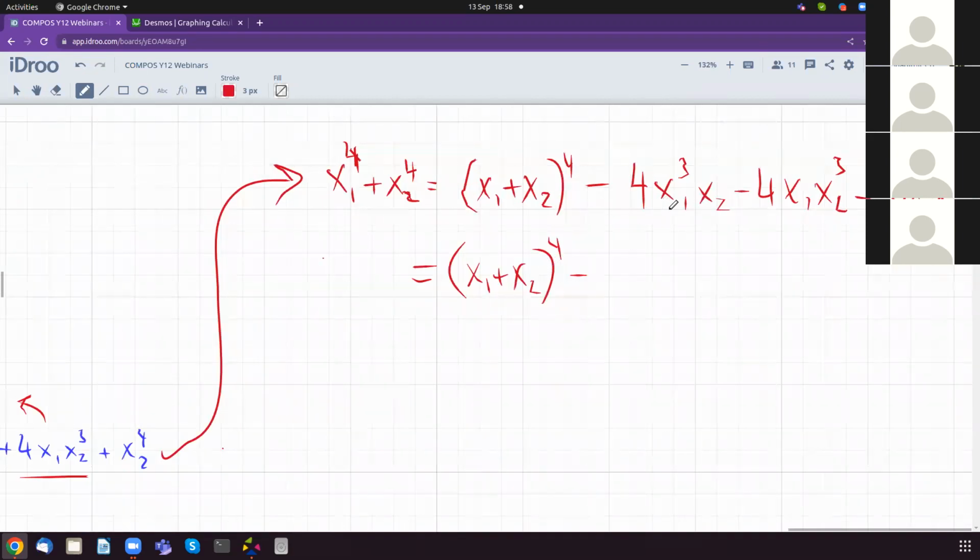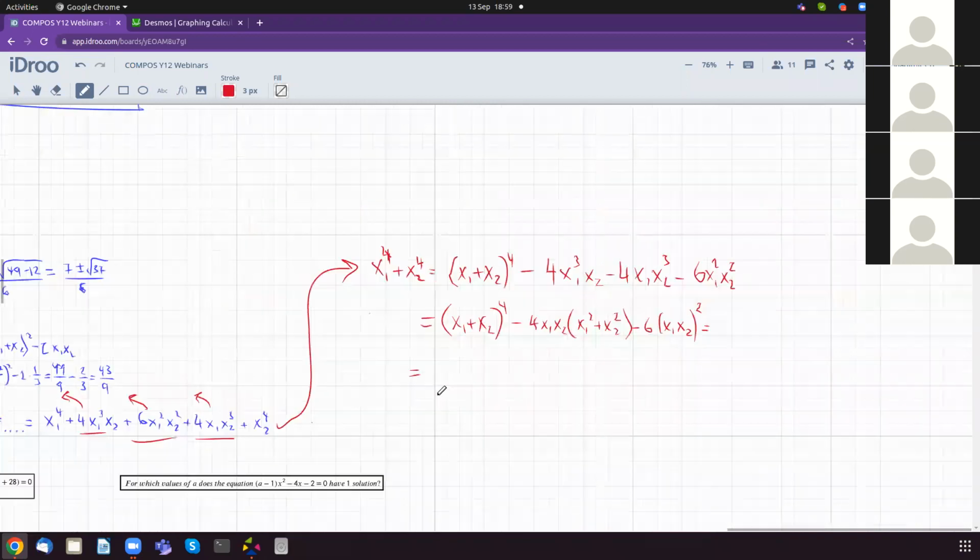Here, these have a common factor, which is 4x1 x2, times x1 squared plus x2 squared, minus 6 x1 x2 to the power 2. And look at that. Isn't that beautiful?